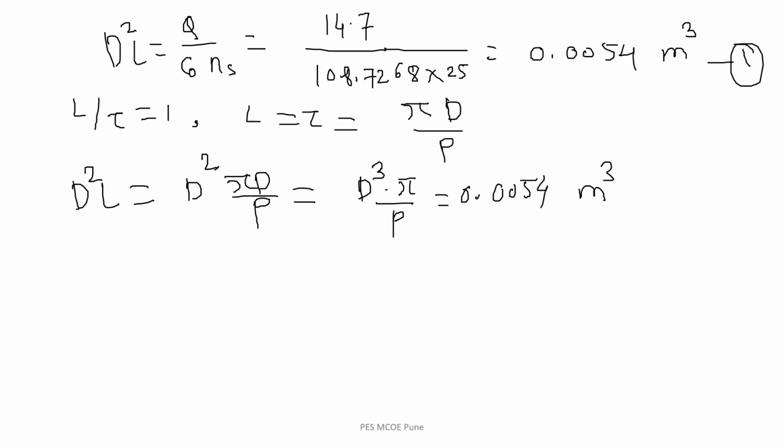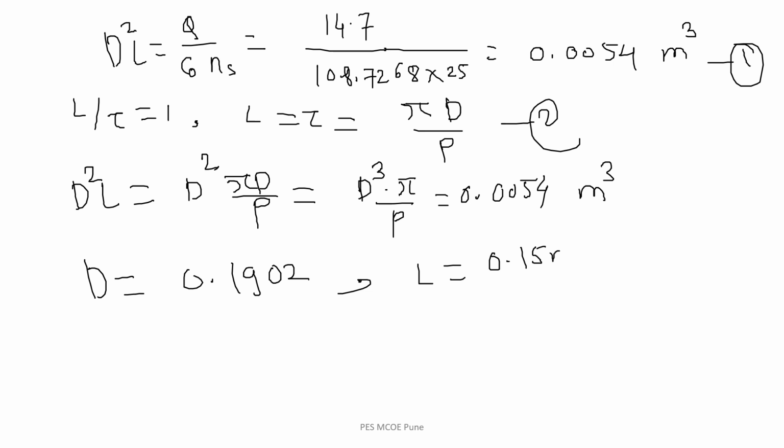Okay, so from this expression you can calculate the value of D by solving it, because we are aware about P and pi. By solving this equation, you can get D is equal to 0.1902, and by placing this into the second equation, you can get the value of L, that will be equal to 0.15 meter.